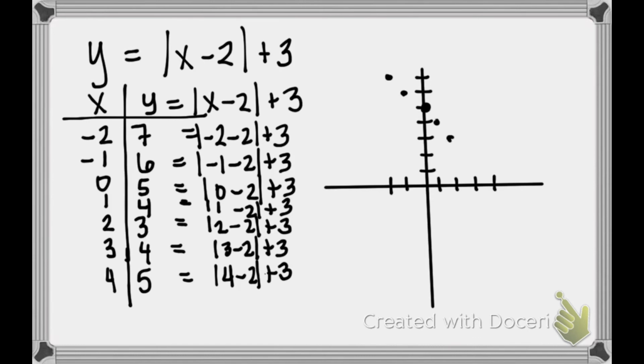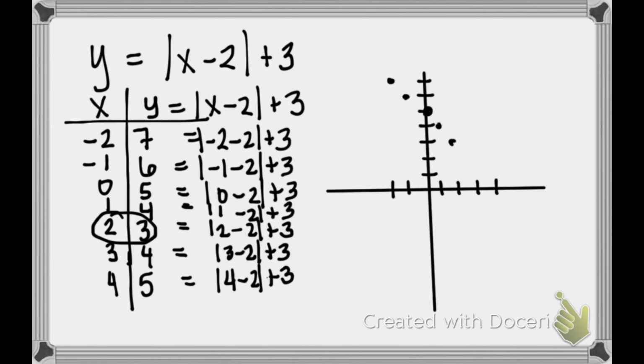And then that goes to 3, 4. So I'm turning around here, or the graph is turning around, and it's going to the point 3, 4, then 4, 5. So I can see it's making this V-shape, this upward facing V-shape. The turnaround point is at 2, 3.